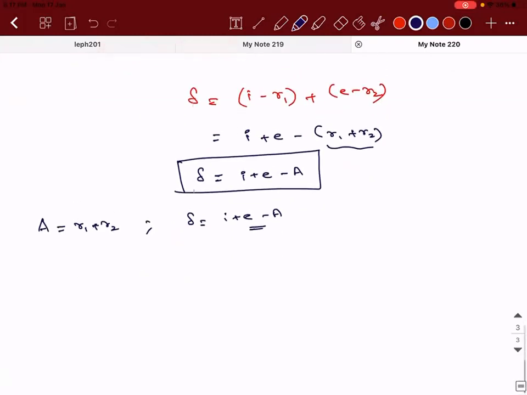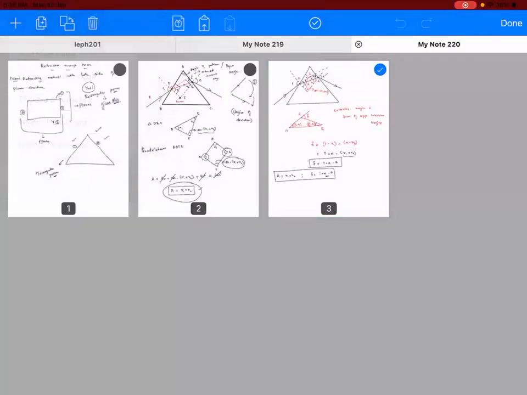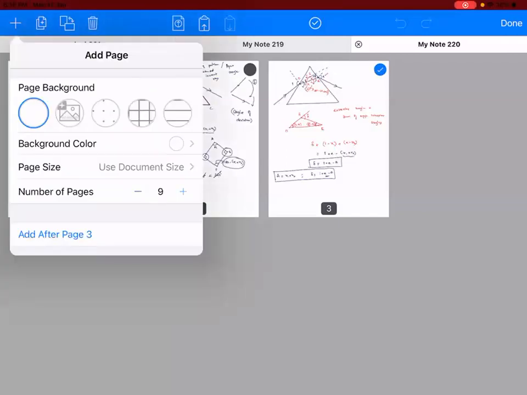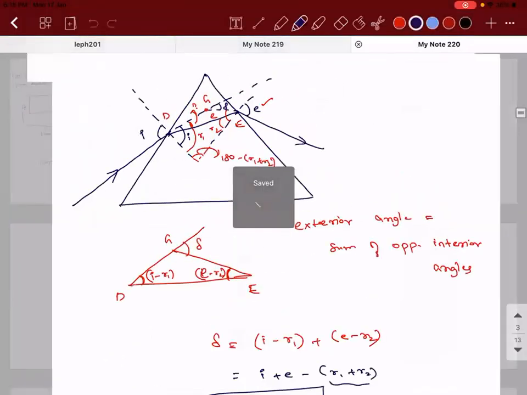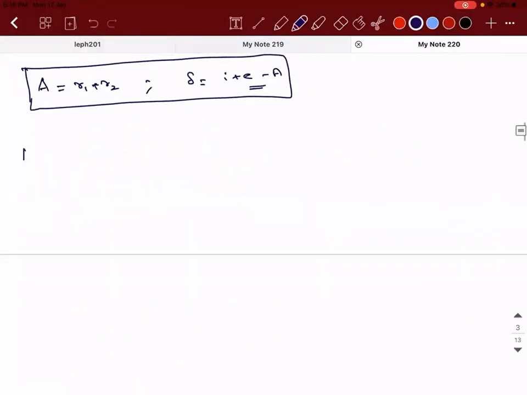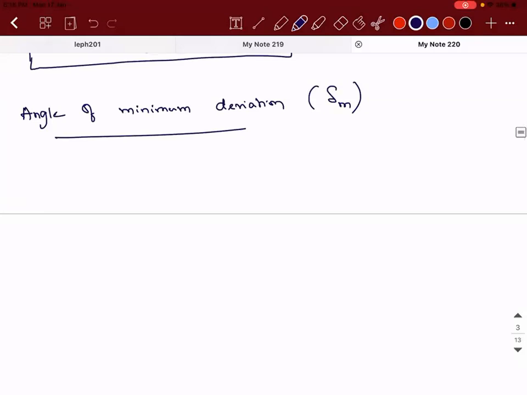Okay. So having these two concepts in mind, now we are going to come across a new term called the angle of minimum deviation. I will call it delta with a subscript M. Let me explain the meaning of this.